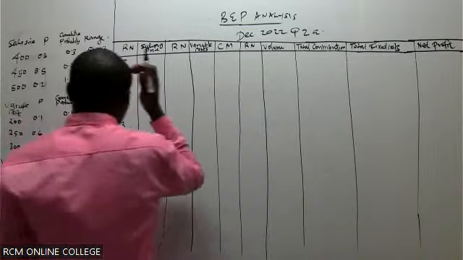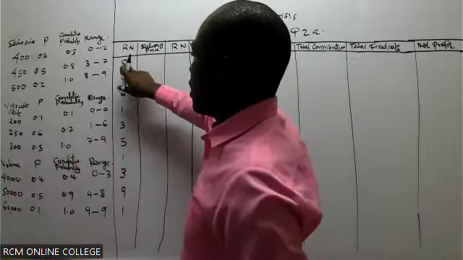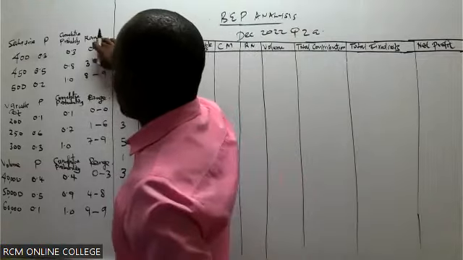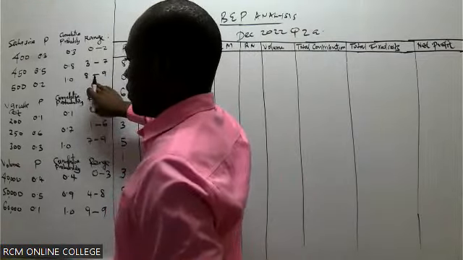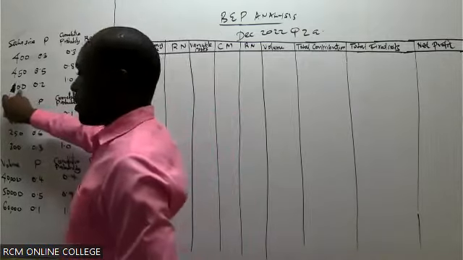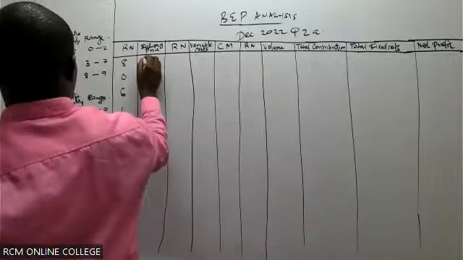Good. So you come here and tell us where this random number is falling. What are we looking for? Selling price. Within this range, where will we get 8? In the last row, corresponding to which number? 500. So the selling price here will be 500.